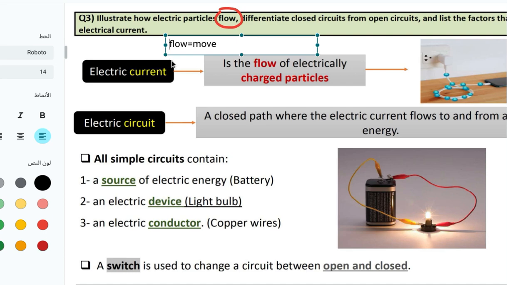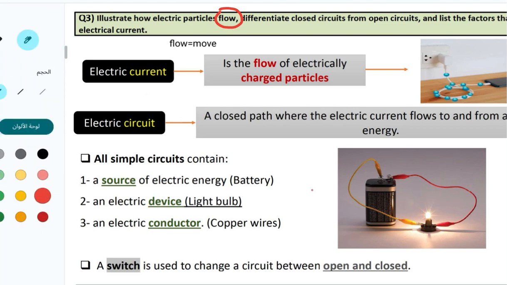An electric circuit is a closed path. So the easiest way to think of a circuit is that a circuit is going to be a loop. So a closed path where the electric current can flow to and from a source of energy.